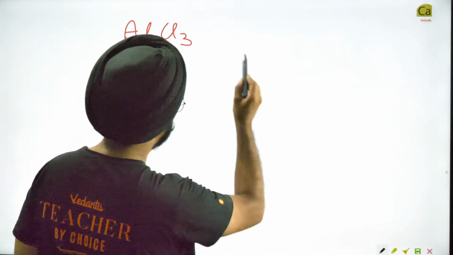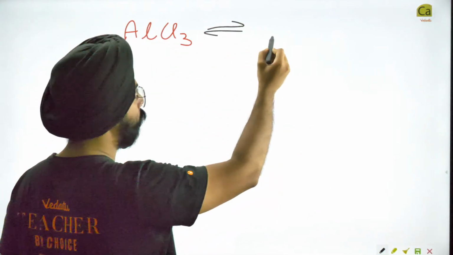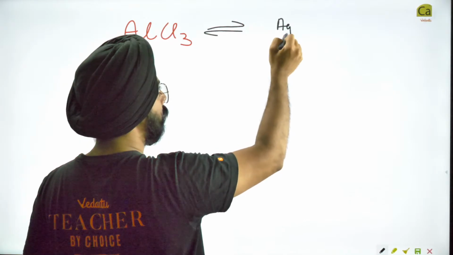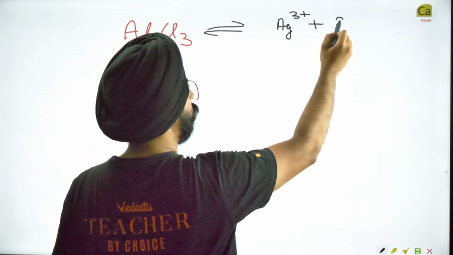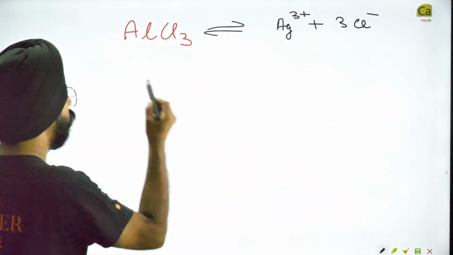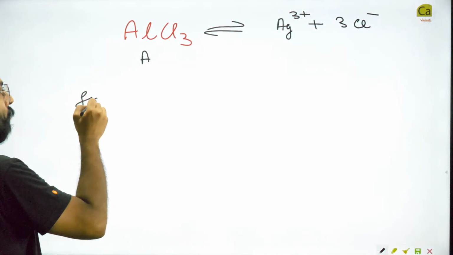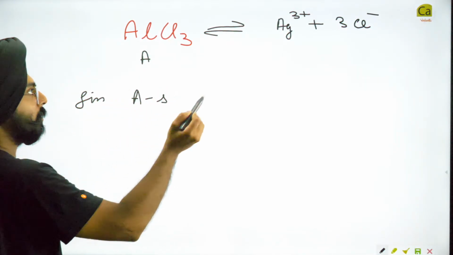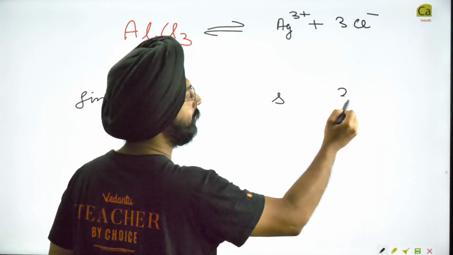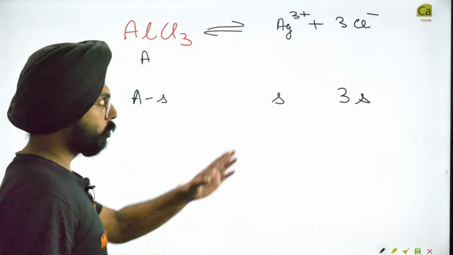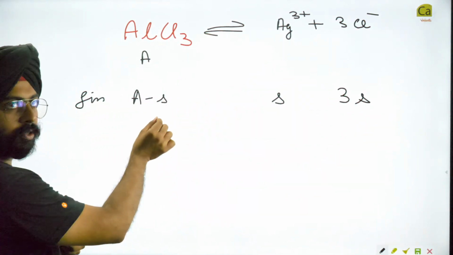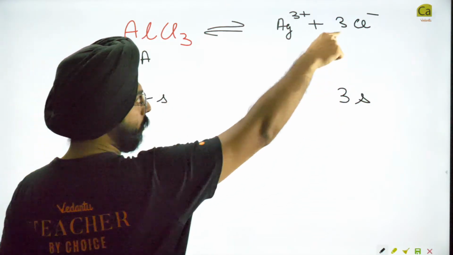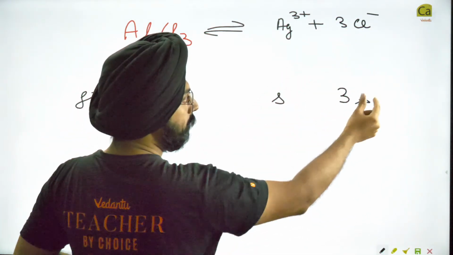So my dear friends, when it equilibrates, what will it form? It will form Al3 positive plus it will form 3 times Cl negative. So if initially this is A, finally this is going to be A minus S, this is going to be S, this is going to be 3 times S. Stoichiometry: if you consume S amount of AlCl3, you are producing 3 times the chloride, 3S.